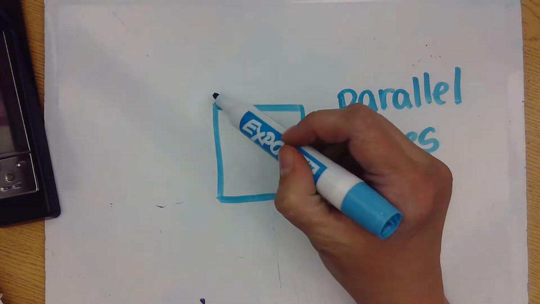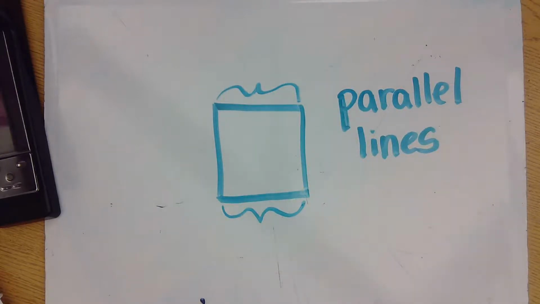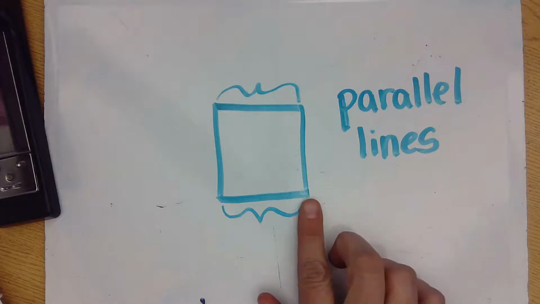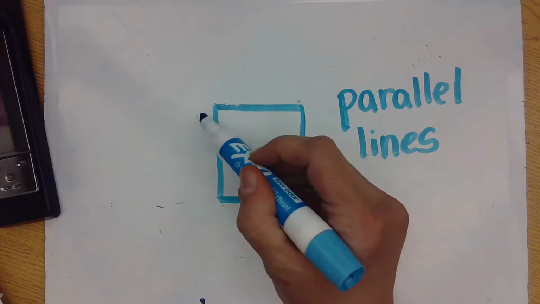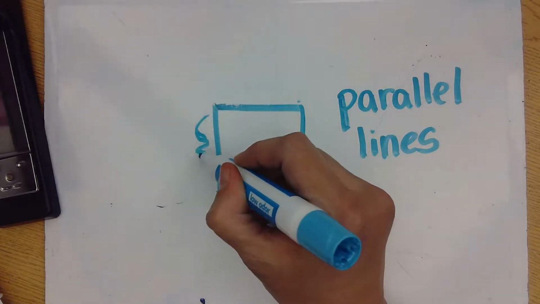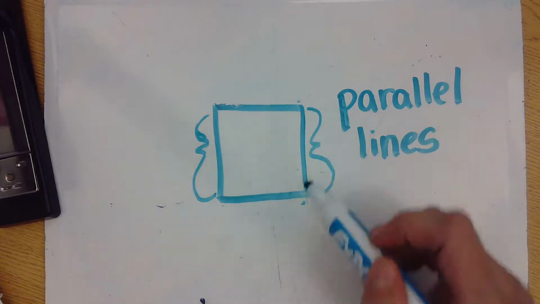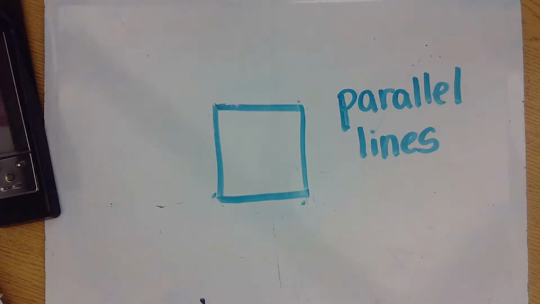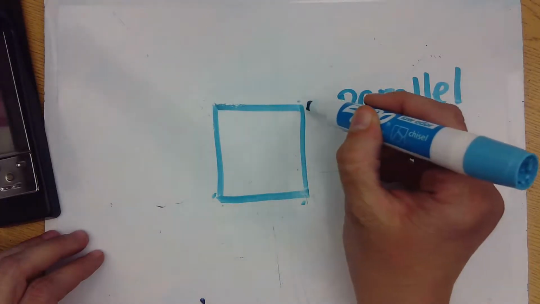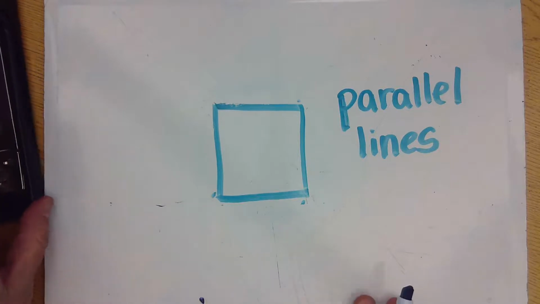So this top side here and the bottom side here, those two sides we would consider parallel. Okay? The side on the left, right here, and the side on the right, those two sides are considered parallel. What does parallel mean, though? Parallel are two sides that, if kept on going, they would never ever touch or cross.